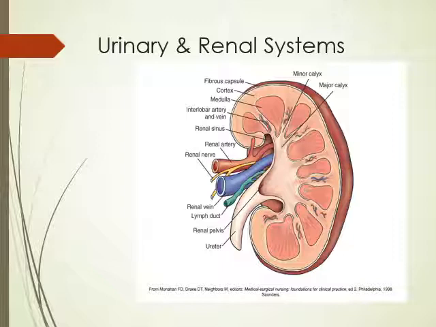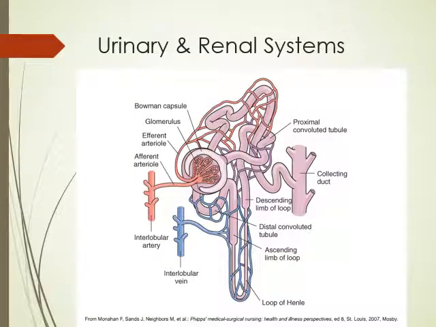You can see the medulla and the cortex and the fibrous capsule protecting the whole thing. The medulla is where all the nephrons are located. We're going to go into that in a few more slides. Well, no, I'm wrong. We're going into it right now.